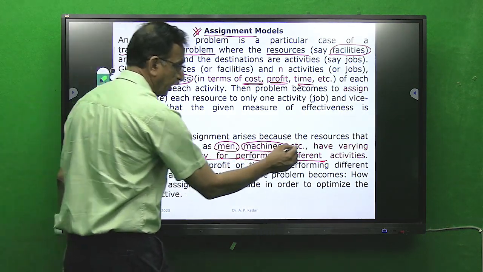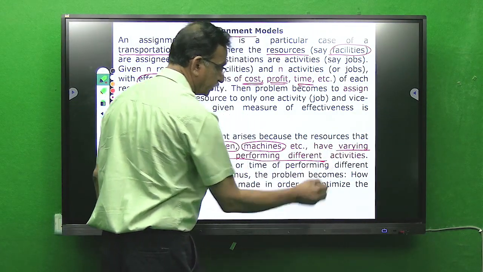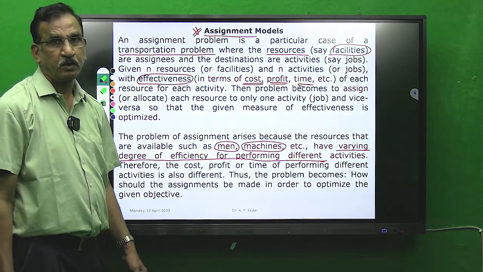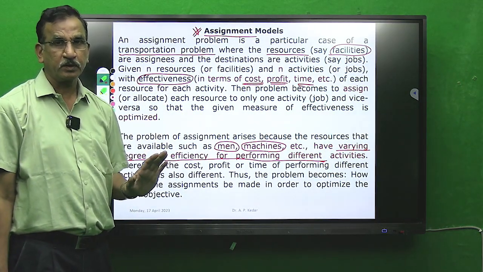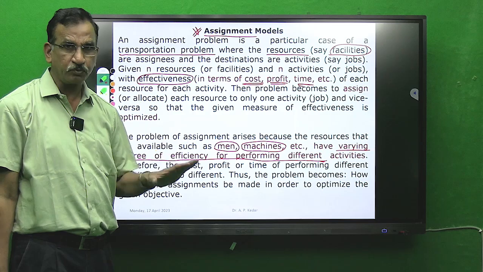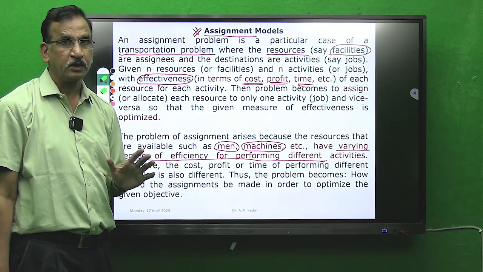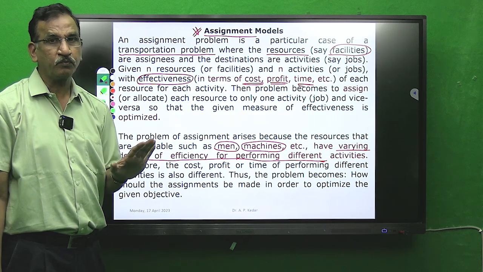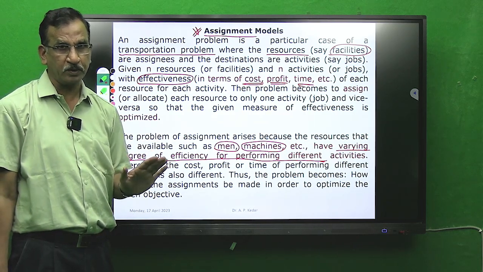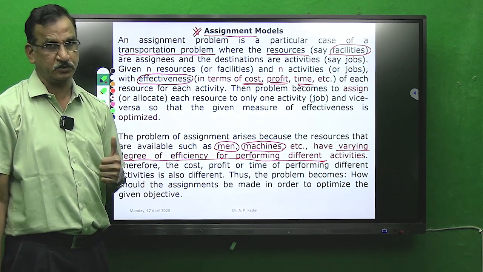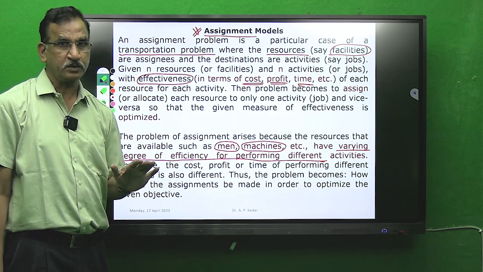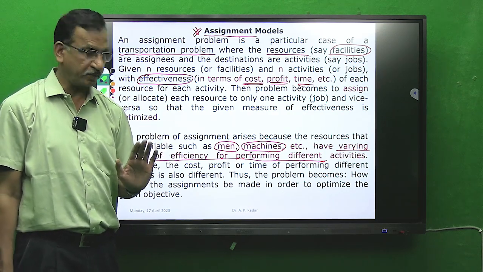This term, varying degrees of efficiency, is important. Facilities are available, but their effectiveness of use is different. So we have to assign facilities such that overall effectiveness of the problem under consideration is optimized. Again, optimize may be maximize or minimize.